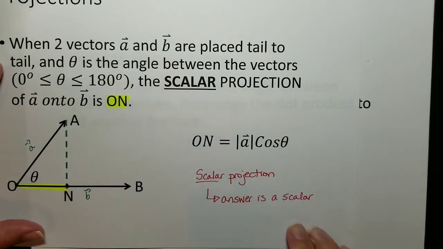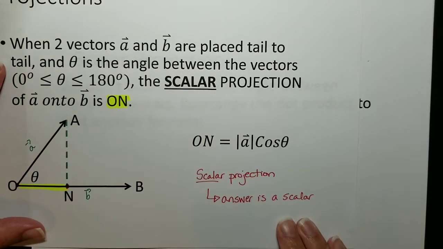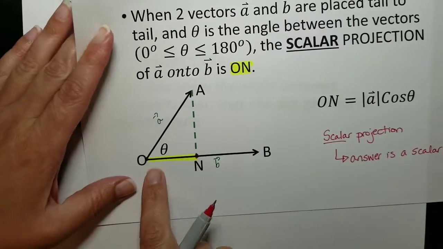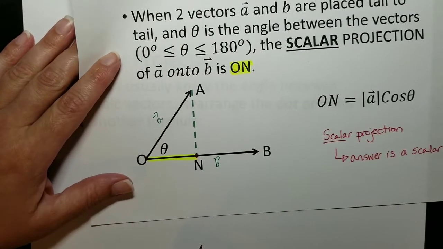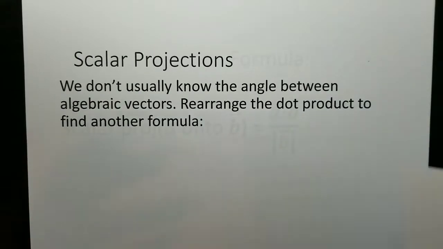So we get just a scalar as our answer there, and it's just the length of that side if we created a triangle with our theta. When we're looking at these algebraic vectors, though, we don't necessarily know what that angle is. That's often something that we don't know.